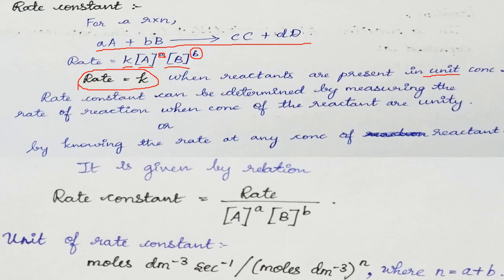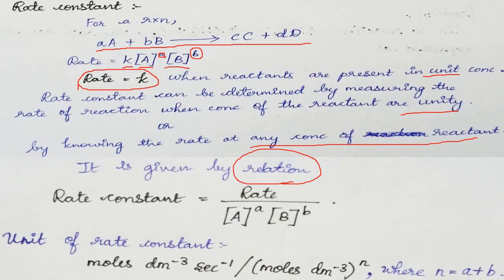Then the rate constant can also be determined by measuring the rate of a reaction when the concentrations of reactants are unity. That is the above reaction, where rate is equal to K. Or we can find the rate constant by knowing the rate at any concentration of reactants. That means it is given by the relation: rate constant is equal to rate divided by [A] to the power a and [B] to the power b.